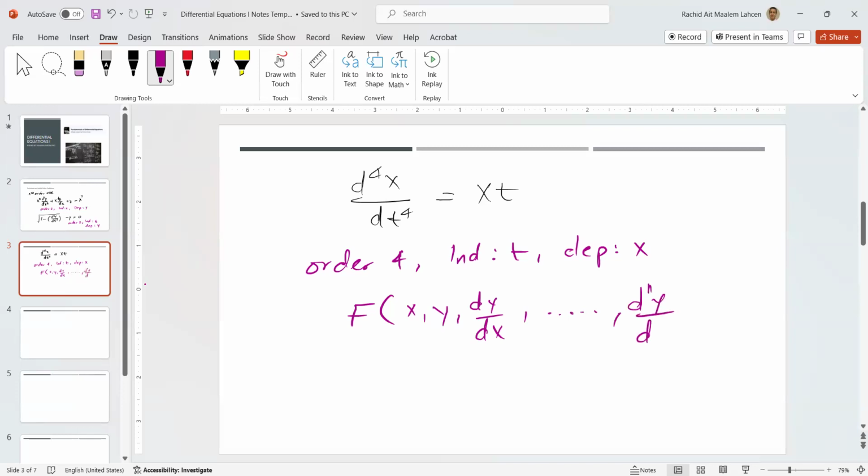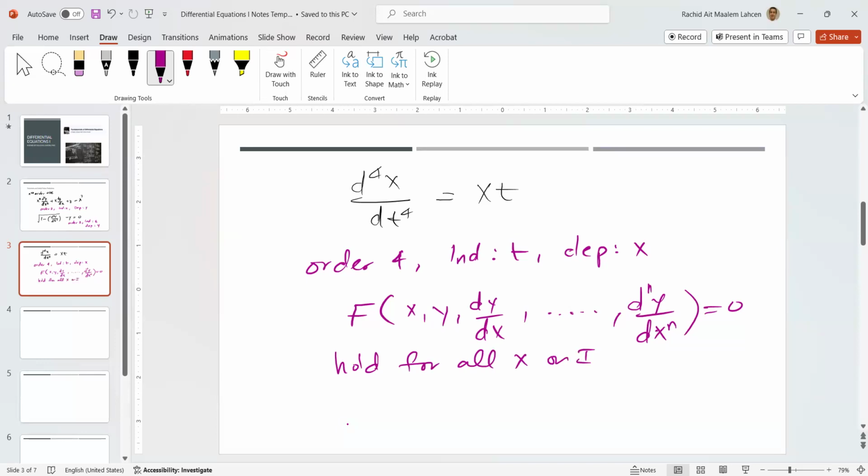This is a notation for the general form, where f is a function that depends on x, y, and the derivatives of y up to whatever order we have, let's say n here. We're going to assume that the equation holds for all x on some type of interval.